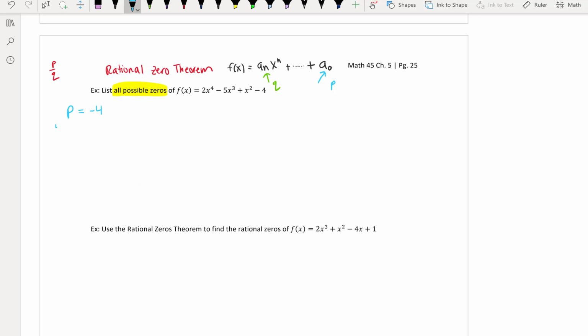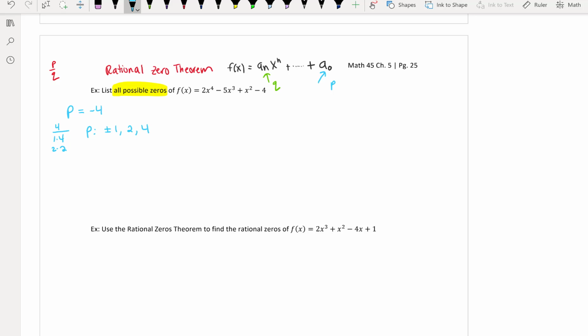I know to get to 4, that's 1 times 4 and 2 times 2. So when I list my possible values of p, it's going to be plus or minus 1, plus or minus 2, plus or minus 4. Those are all the possibilities that I have. And that plus and minus is for everything, not just the 1, but also plus and minus 2, plus or minus 4. Okay.